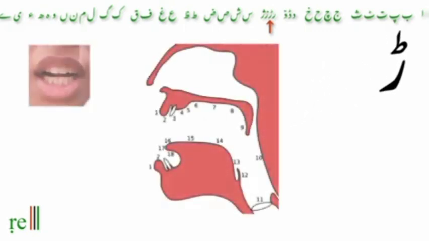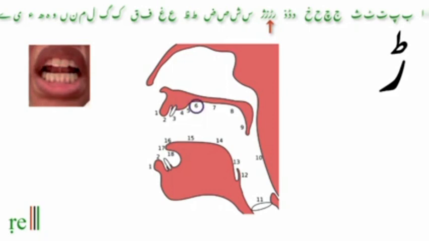So we just did re. Now we have re, re. This is a harder R sound. It almost sounds like a D sound. It is made by placing the tip of the tongue at the center of the roof of your mouth.